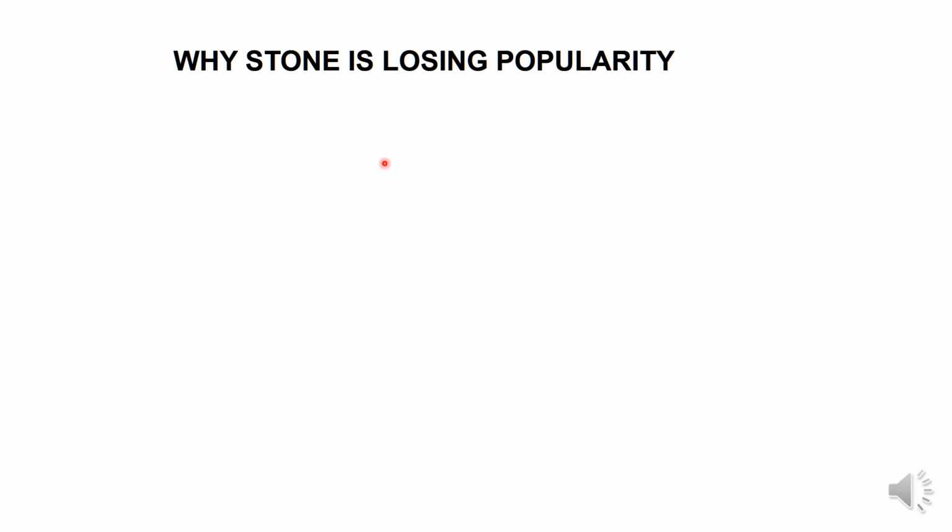Now let's discuss why stone is losing popularity. Dressing of stone is tedious, laborious and time consuming, hence the construction cost increases. Hence the stone is losing popularity.